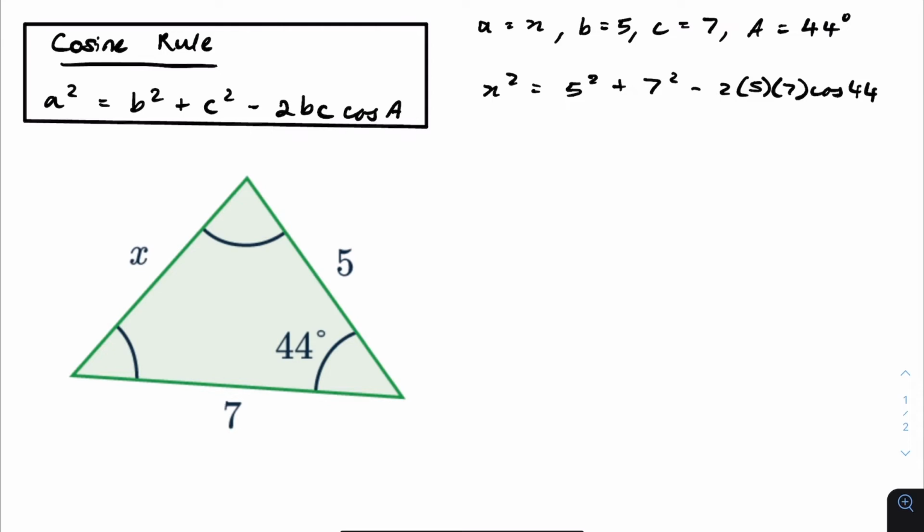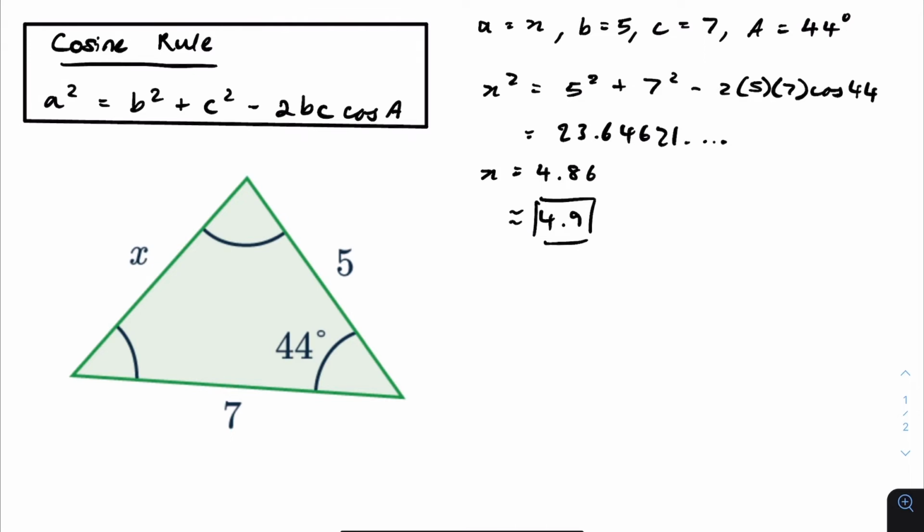So 5 squared plus 7 squared minus 2 times 5 times 7 times the cosine of 44 gives us 23.64621... And we square root that to get x, and we'll take the positive value since side lengths can only be positive. Square rooting this, we get 4.86, which is about 4.9. So this is 4.9 units long, and we were able to just use the cosine rule to do so.